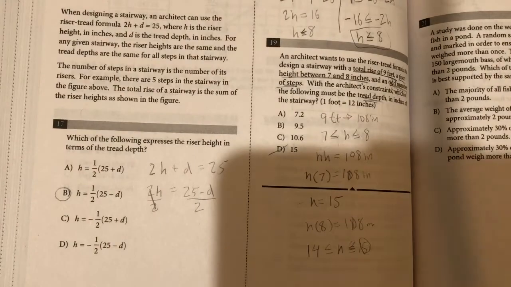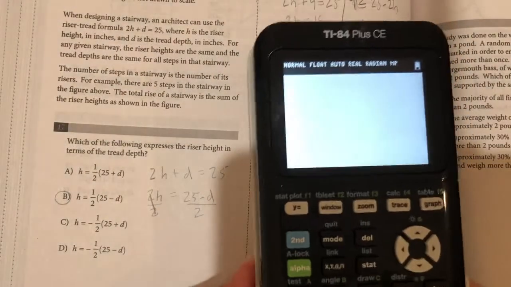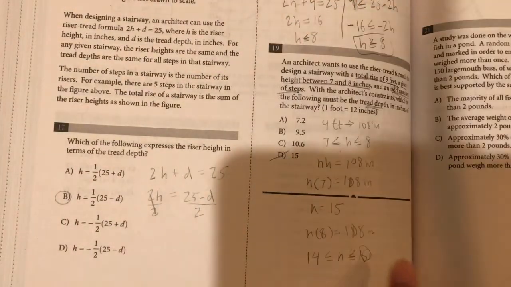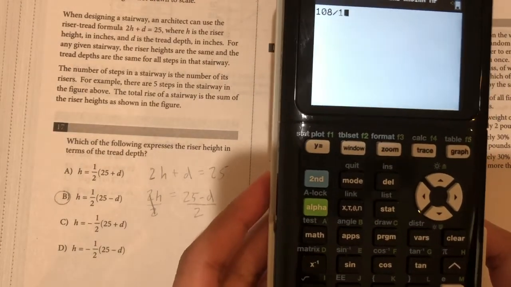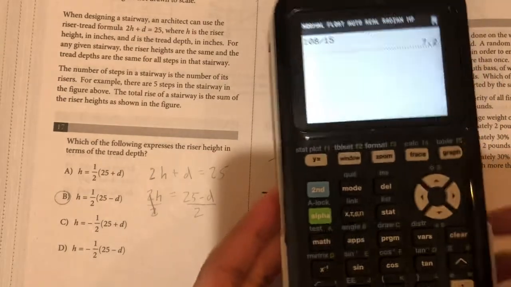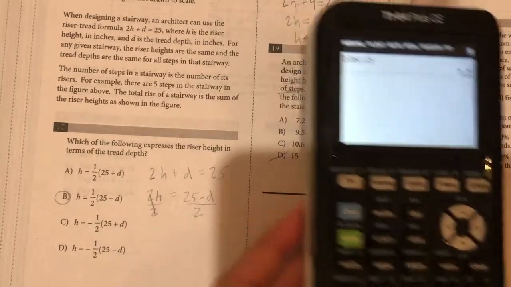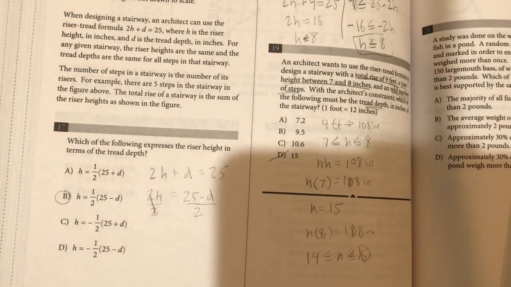Hold up. Sorry guys, I missed something. Since our amount of steps is 15, we have to divide our total rise by this to find our riser height. For some reason I thought that was our riser height. So yeah, everyone makes mistakes, guys.